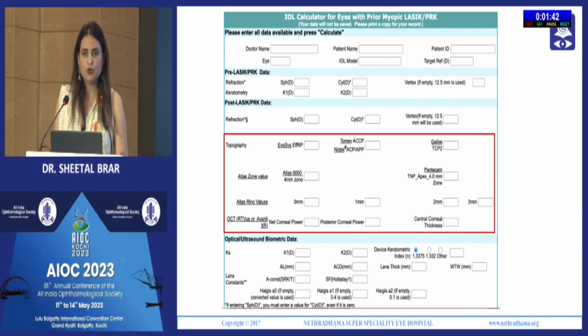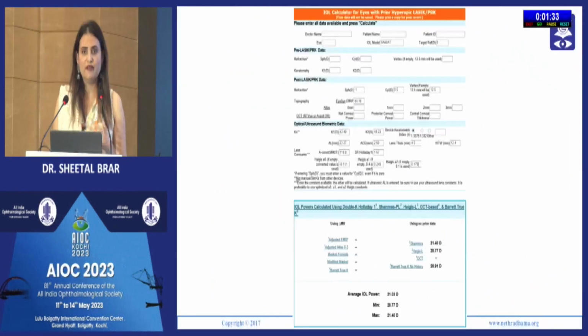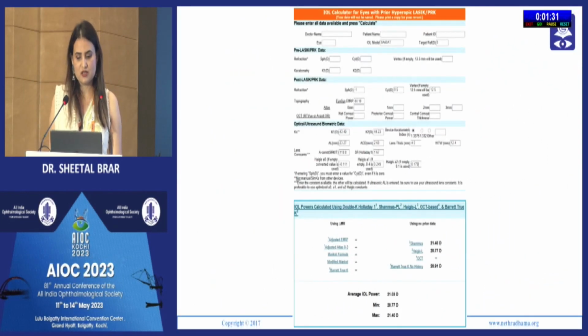So whatever equipment you have to measure the corneal power, you can enter the values here. Based on whatever data you have entered, it will suggest IOL power using different formulae, like the Shammas formula, Haigis-L, and the Masket formula, etc.